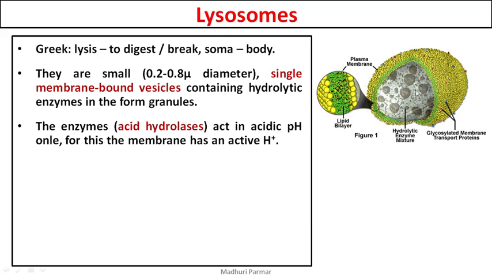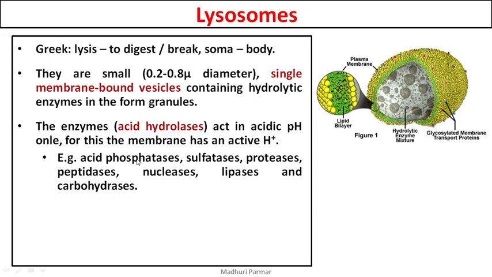When that happens, the hydrolytic enzymes or the acid hydrolases of the lysosome become activated, and then they will start digestion. So this is a sort of safety mechanism, so that the enzymes do not get activated anytime, anywhere. Only when there is acidification of the insides will the enzymes get activated. So this is one safety mechanism.